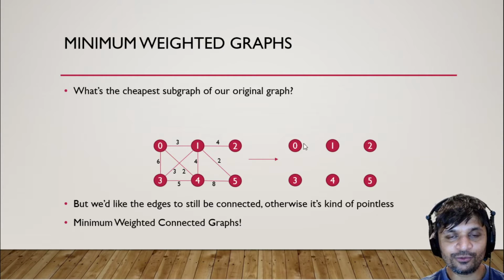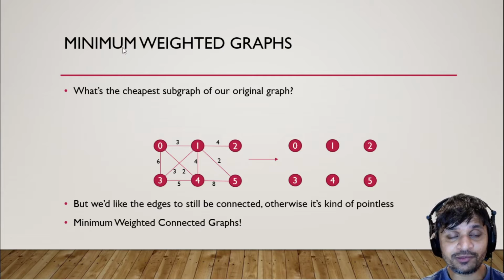This is the cheapest possible subgraph of this graph. But that's kind of pointless, because no machine can talk to any other machine if we were using our computer network example. So this is a pointless subgraph. Yes, it would save us a lot of money to have no network connections, but then we'd have no network connections. So what we want is we still want the vertices to be connected.